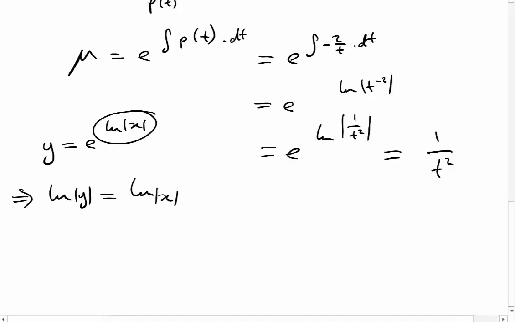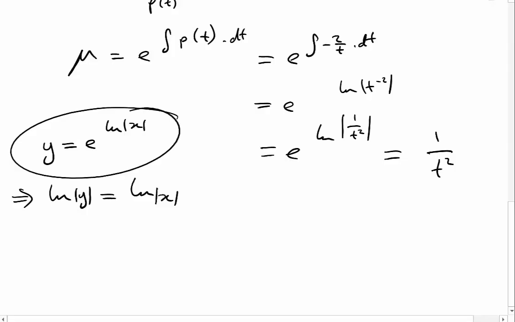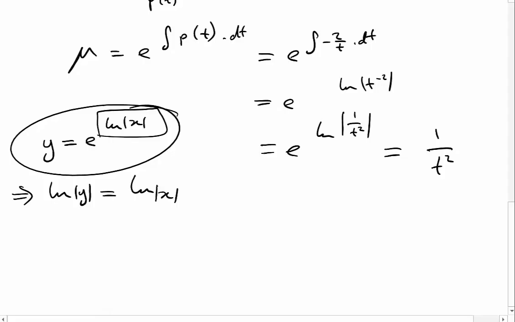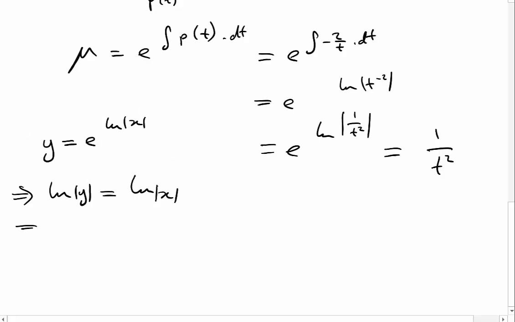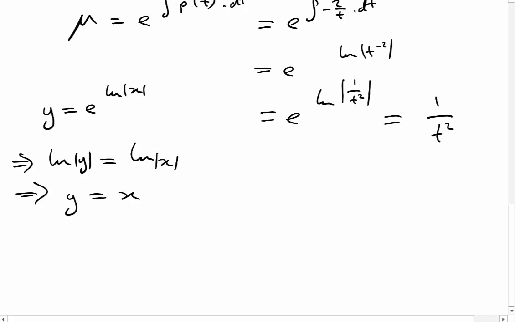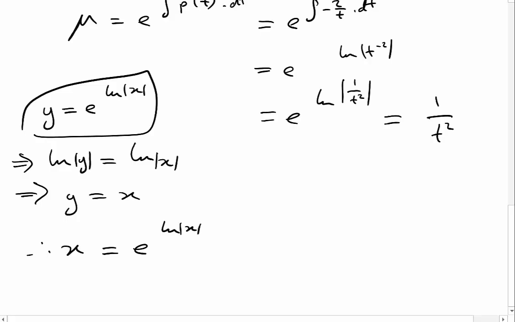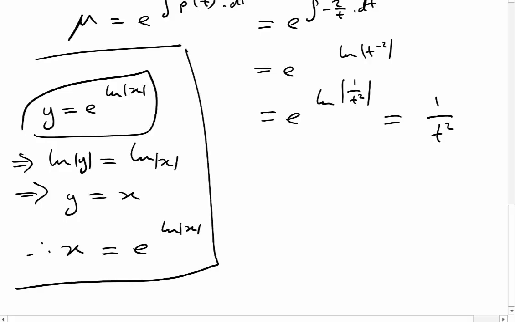I'm making the power the subject, so I'm taking the logarithm to the base e, which is the natural logarithm, of both sides. So ln y equals ln x, therefore y equals x. So y equals e to the natural logarithm of x equals x. That's a very quick side proof there.